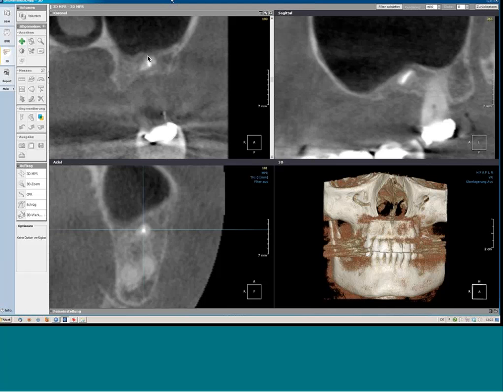So to evaluate a bone volume, especially with regard to these kinds of changes, it's much better to acquire cone-beam CT. You all know root rests.